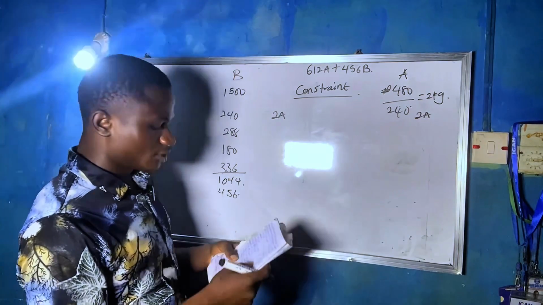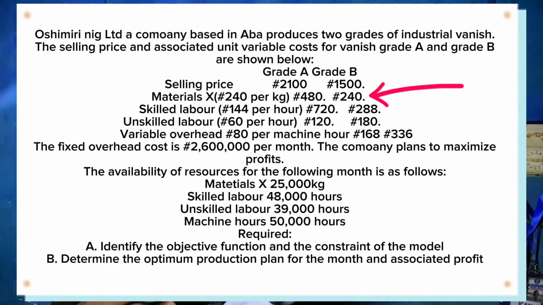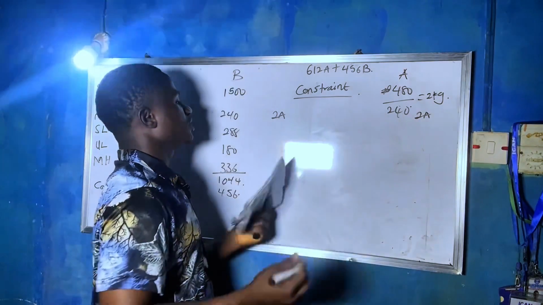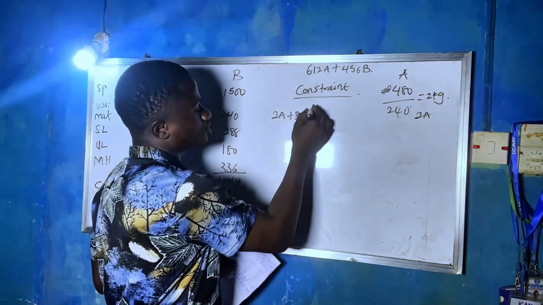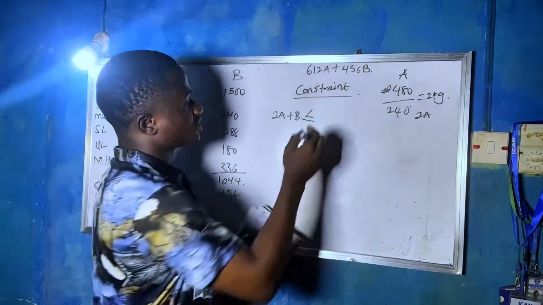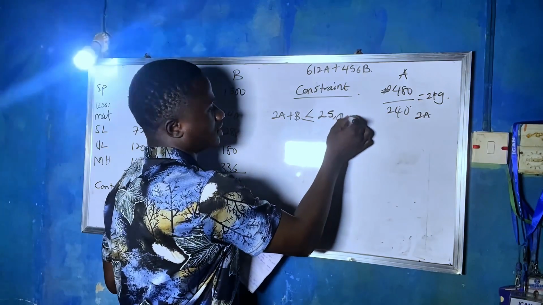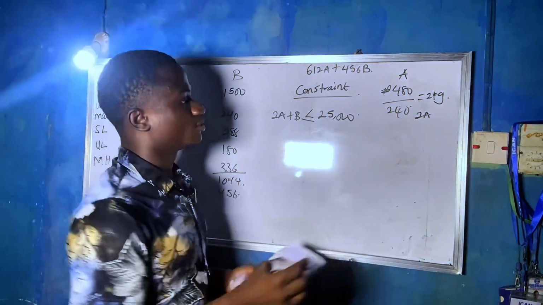So now we've been told that for B we only need 240 naira worth of material X, which is 1 kg. So 2A plus B is less than or equal to 25,000 kg.